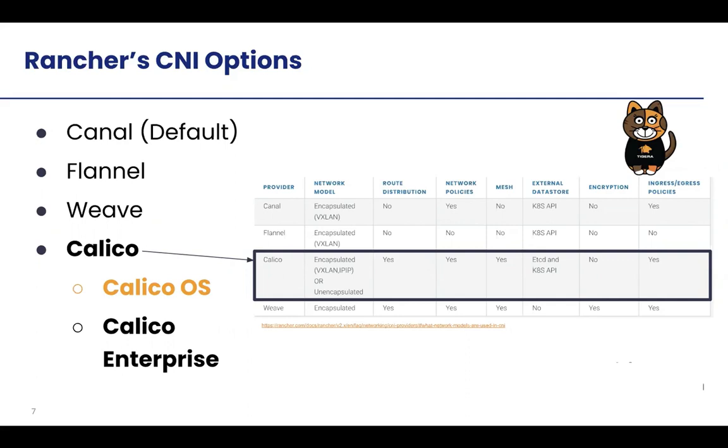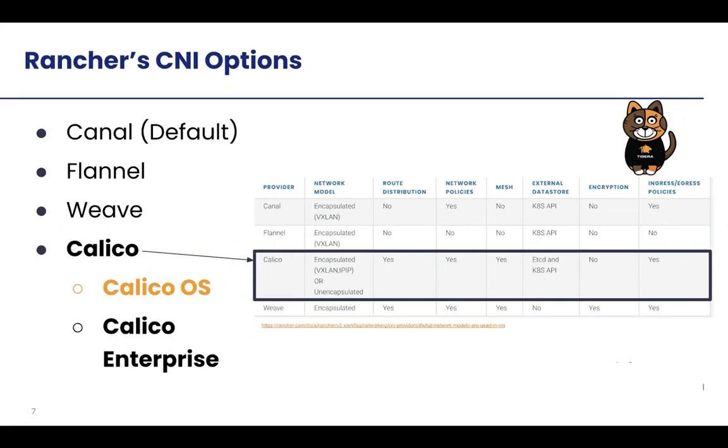With Calico, we're providing a layer 3 network for pods. So we take care of route distribution under the hood. We use BGP, which is the backbone of the internet, so it's highly scalable, to route and advertise routes of pods and so forth within the cluster.